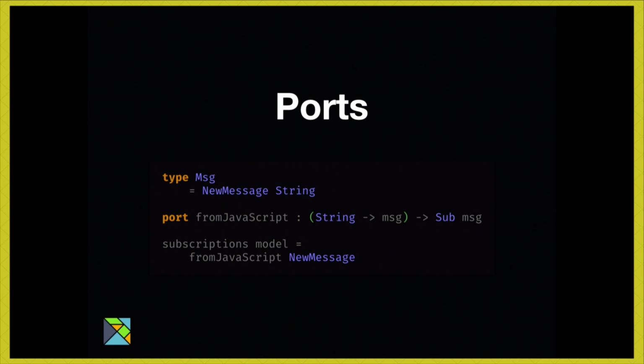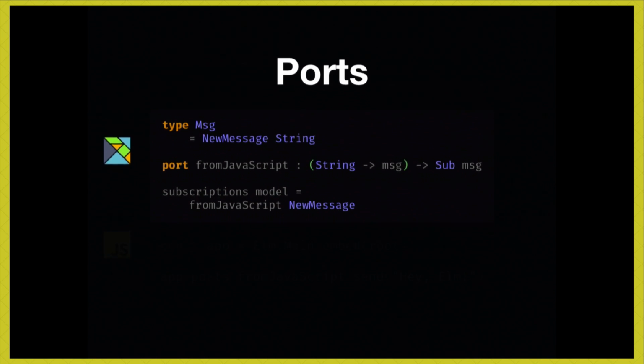We just mean JavaScript sent us a thing. It's saying something to us, and that has a string associated with it. And then we say that port fromJavaScript takes a function that turns a string into a message and gives us a subscription that produces messages. And then in our subscription that we pass to the app program, we say fromJavaScript NewMessage. And that means that anytime we send something from JavaScript through that port, it will use the NewMessage constructor, and that's what our update function will see.